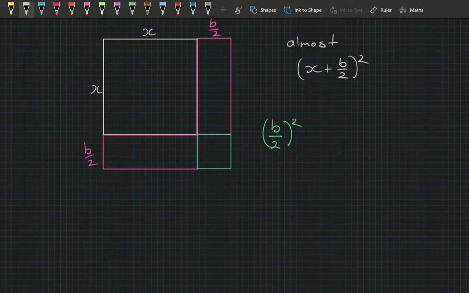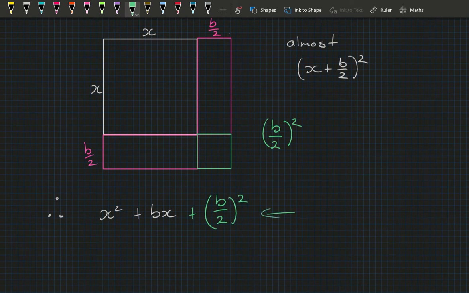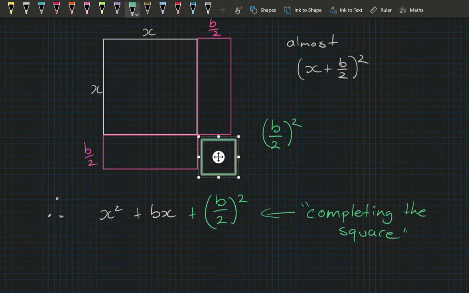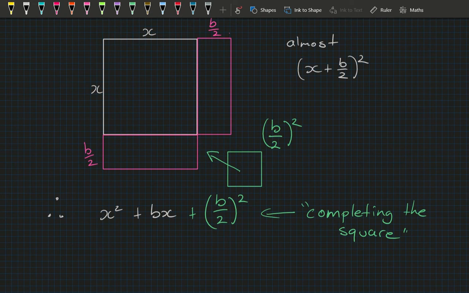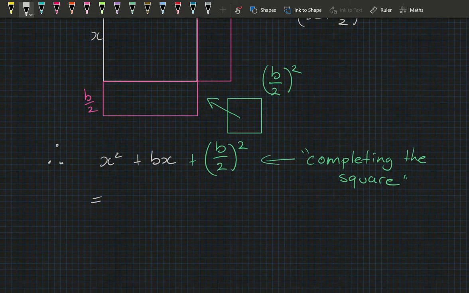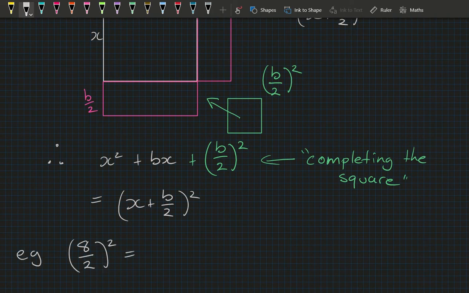So therefore, when we have x squared plus bx, if we add (b on 2) squared, this is called completing the square. And let me just move that square so it looks clearer as an illustration. And of course, when we've added the (b on 2) squared, we end up with (x plus b on 2) squared. So for example, (8 divided by 2) squared is equal to 4 squared, which is 16.